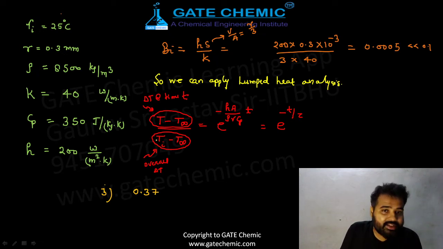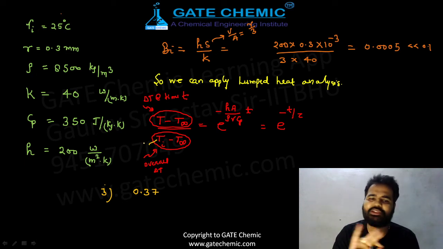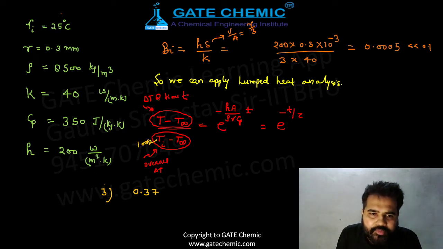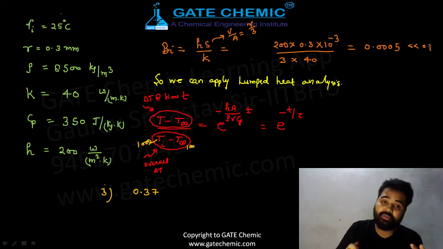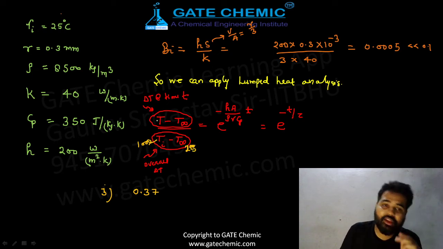Suppose initially this is at some temperature. Temperature is not mentioned in our problem, because we need no data for that; there is no requirement for that data, which is why the temperature is not given. Suppose I'm just giving you typical data: Ti is 1000 and this is 100, suppose in our problem it is 25, in degree Celsius.